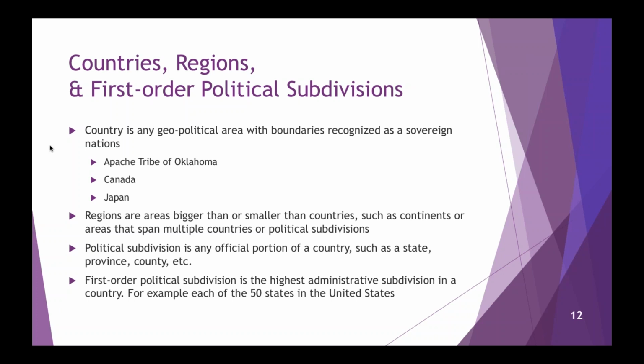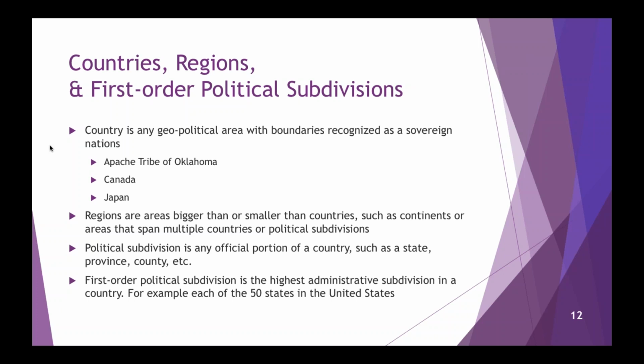There's also other meanings with Great Britain and the United Kingdom itself, but the United Kingdom, or Great Britain, is the country, and then its first-order political subdivisions are England, Wales, Scotland, Northern Ireland, etc. So those are the equivalent in the United States of the 50 states and then its territories.